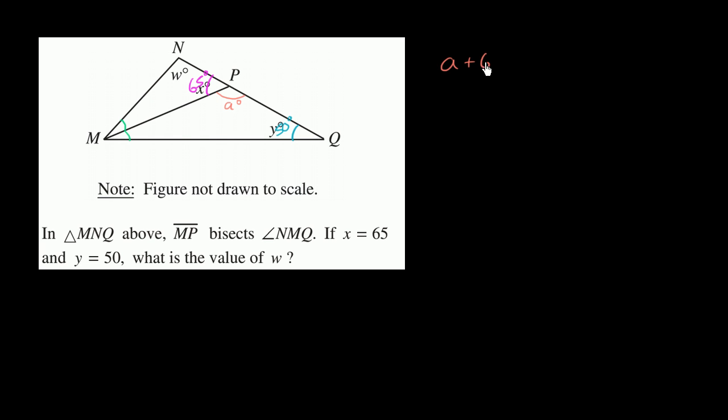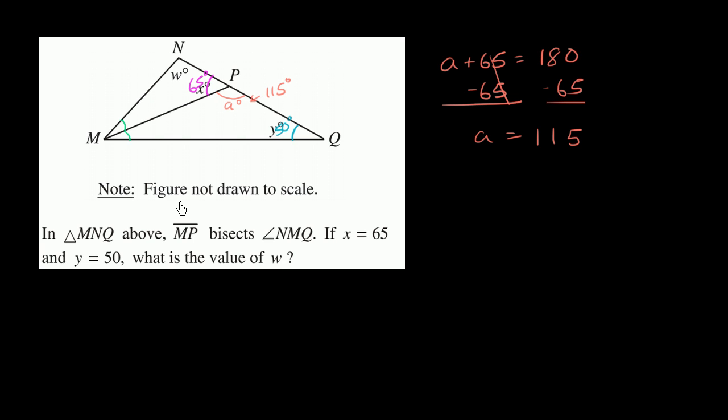So A plus 65 is equal to 180. Subtract 65 from both sides, and we are left with A is equal to 15. Is that right? Oh, sorry, it's 115. So this is a 115-degree angle.